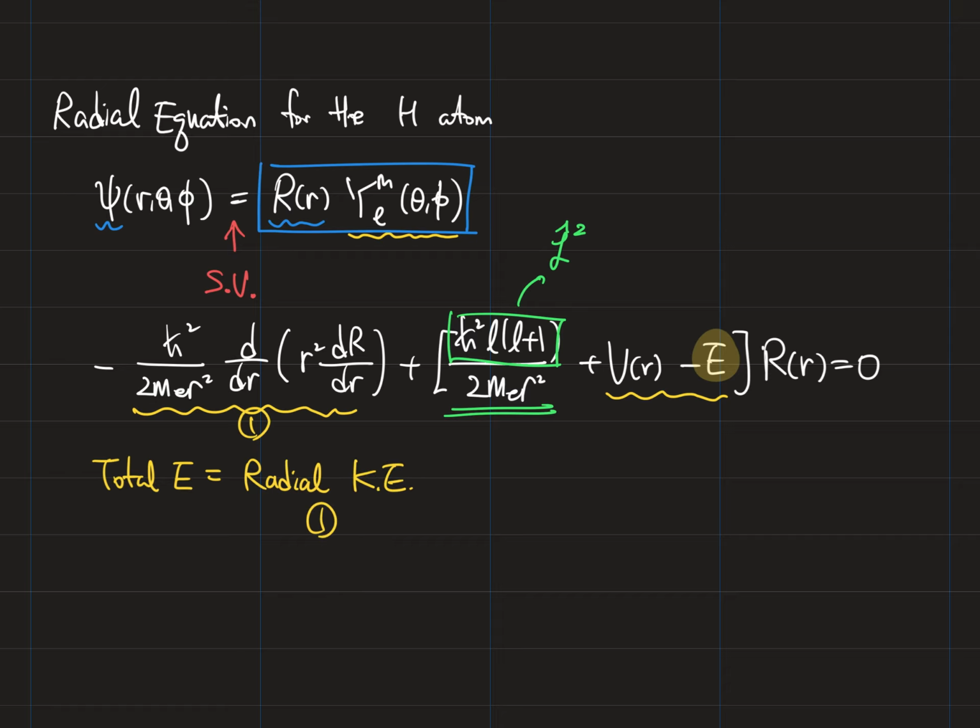The second, even though it is not a precisely accurate term, is related to the angular motion, so we call that the angular kinetic energy. And the last term is the potential energy.